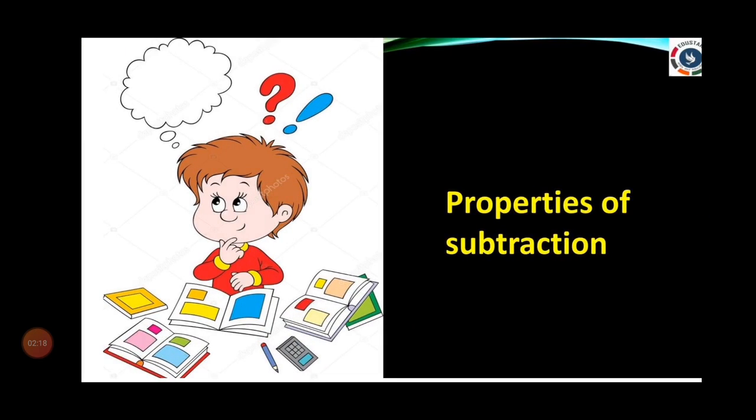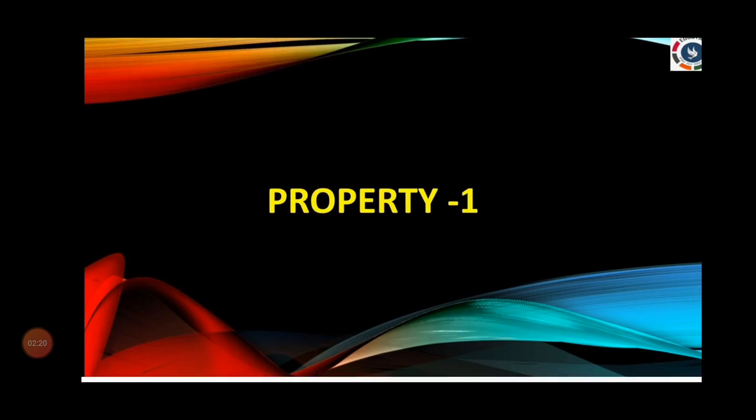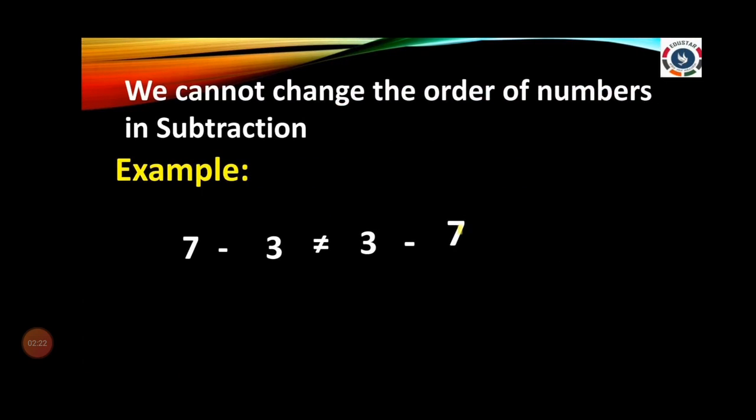Next we are going to study about the properties of subtraction. Property 1. We cannot change the order of the numbers in subtraction. For example, 7 minus 3 we will get 4. Can you subtract 3 minus 7? We can't subtract a bigger value from a smaller value. Already I told that while separating the two values, the first value is always bigger, the second value is always smaller.